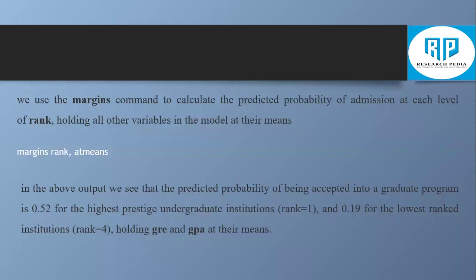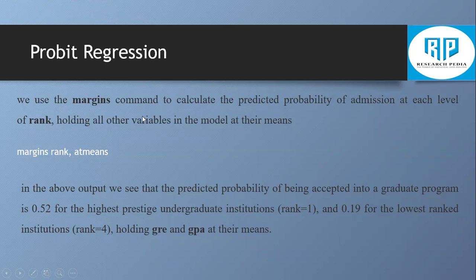But if we are interested in logistic regression or binary logistic regression, then we need to consider the odds ratios after our simple model. So in the case of the Probit model, you don't need to consider the odds ratio, but you can consider the margins command.